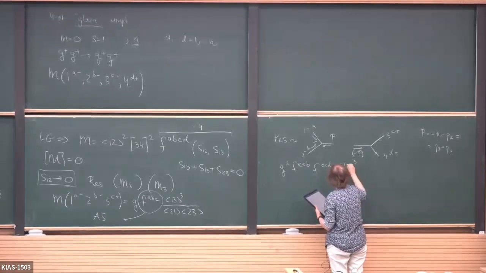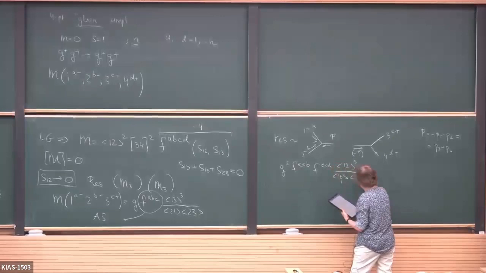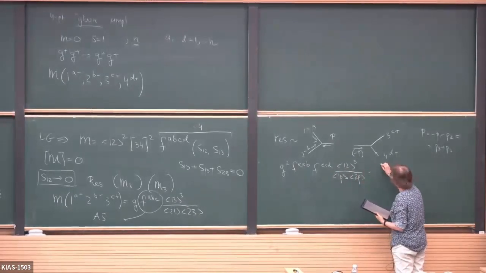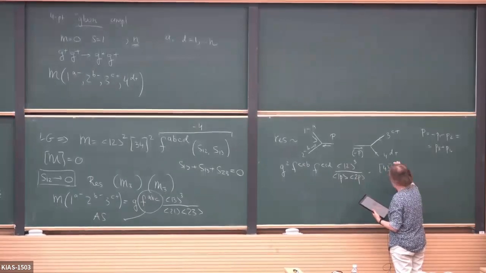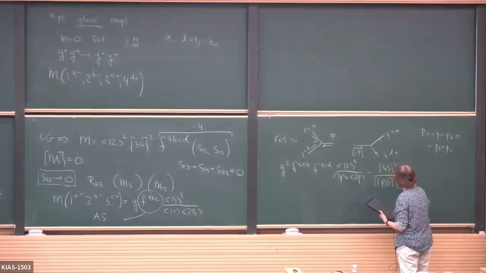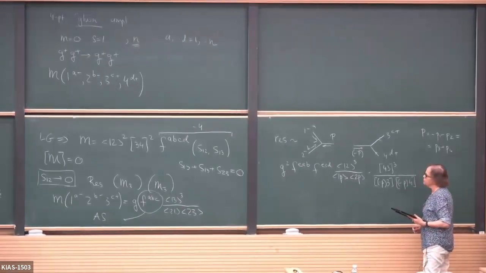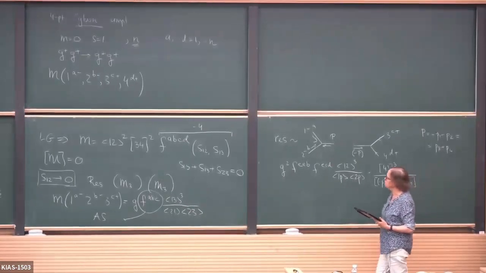I'm just multiplying the two amplitudes here, times ⟨43⟩ cubed divided by ⟨minus P3⟩ and ⟨minus P4⟩. Okay, so that's the residue.